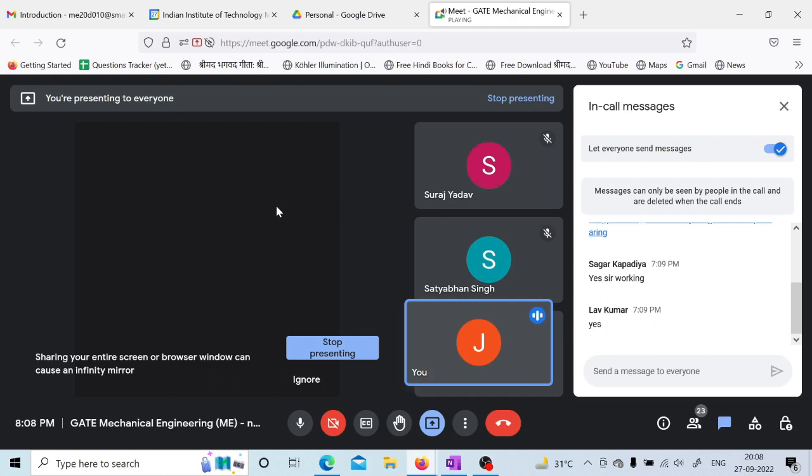Please type in your answer in the chat box, then we will see what the correct answer is. Okay, two of them are getting that answer. Anyone else?